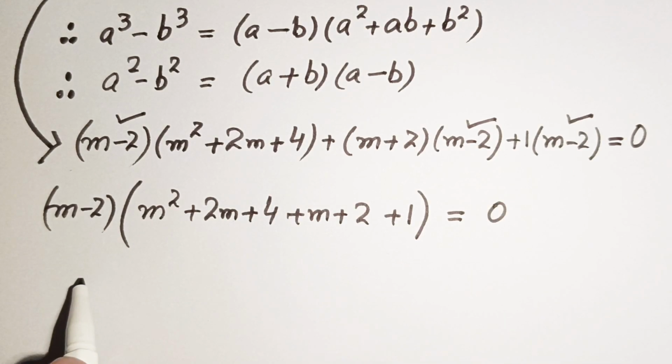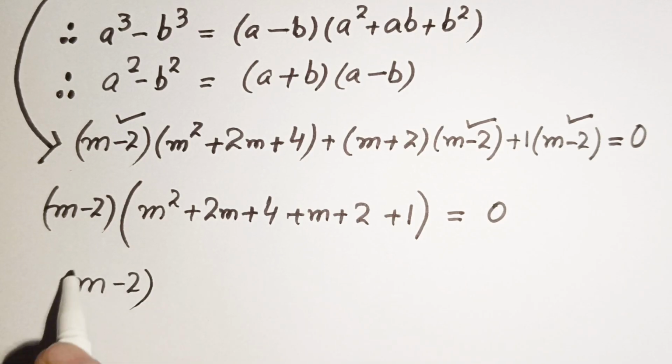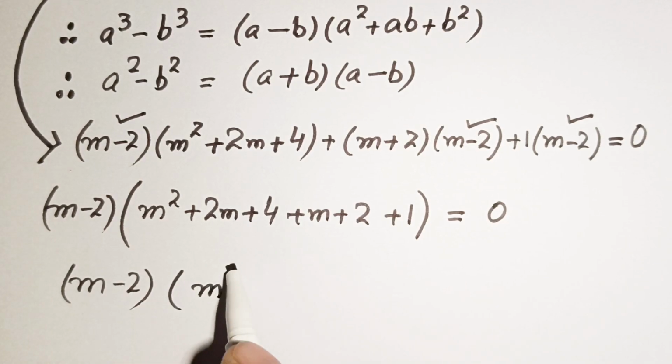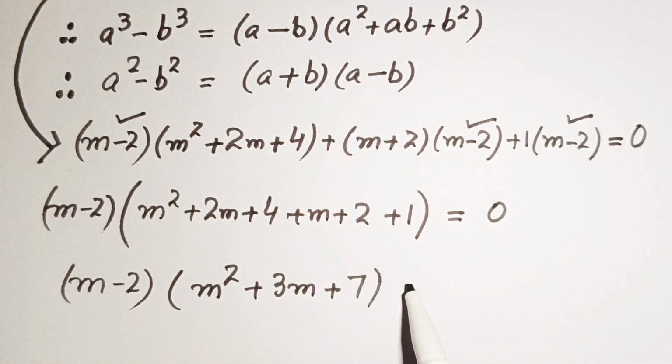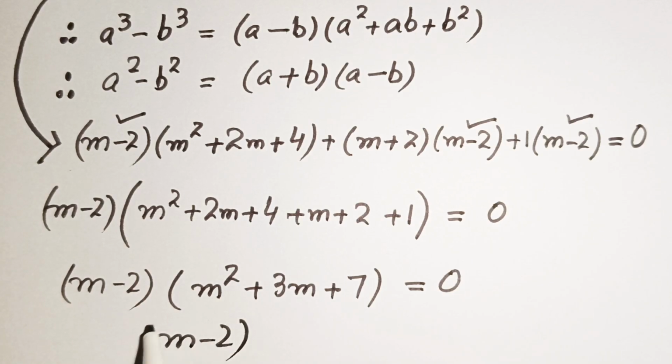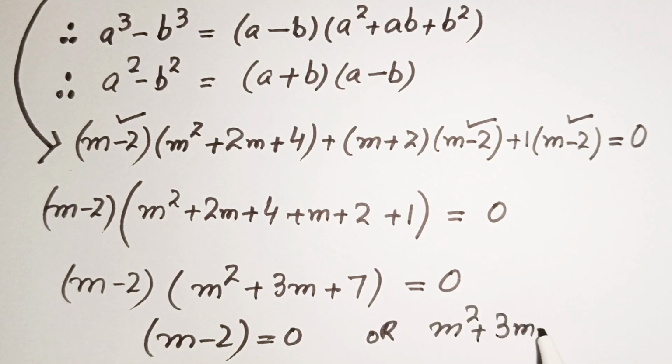So now m minus 2 times m squared plus 2m plus m is plus 3m, and 4 plus 2 plus 1 is 7, that is equal to 0. So now here we have two possible cases: m minus 2 is equal to 0, and the other one is m squared plus 3m plus 7 is equal to 0.